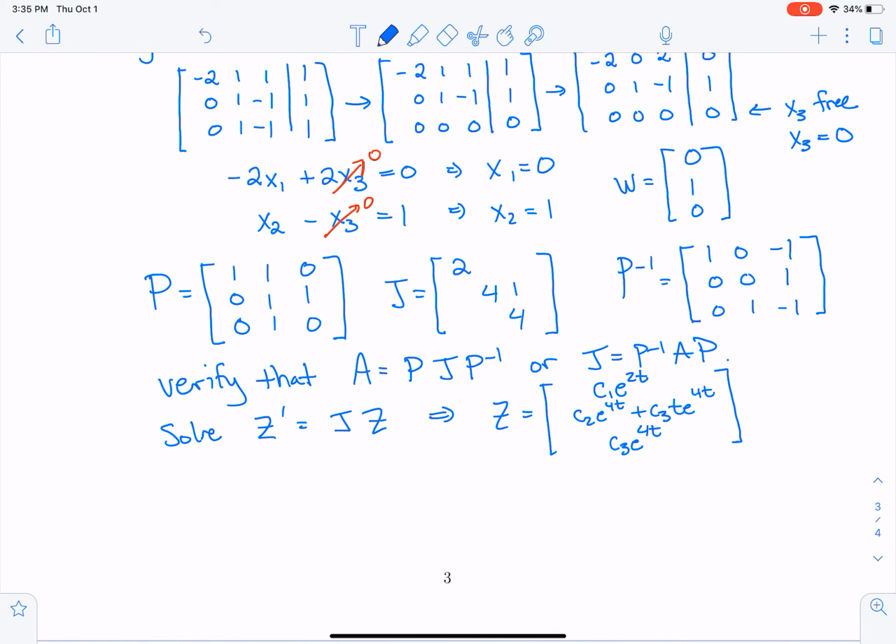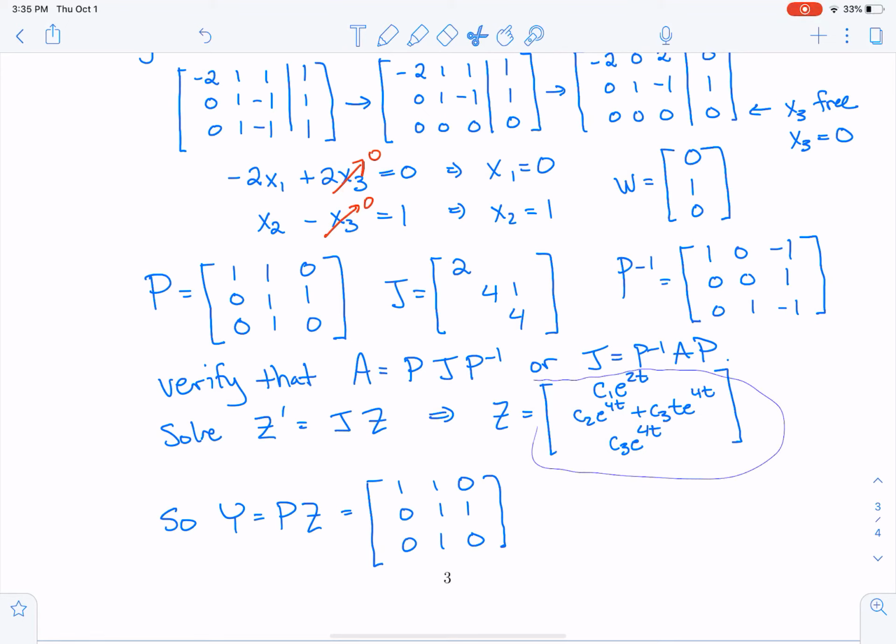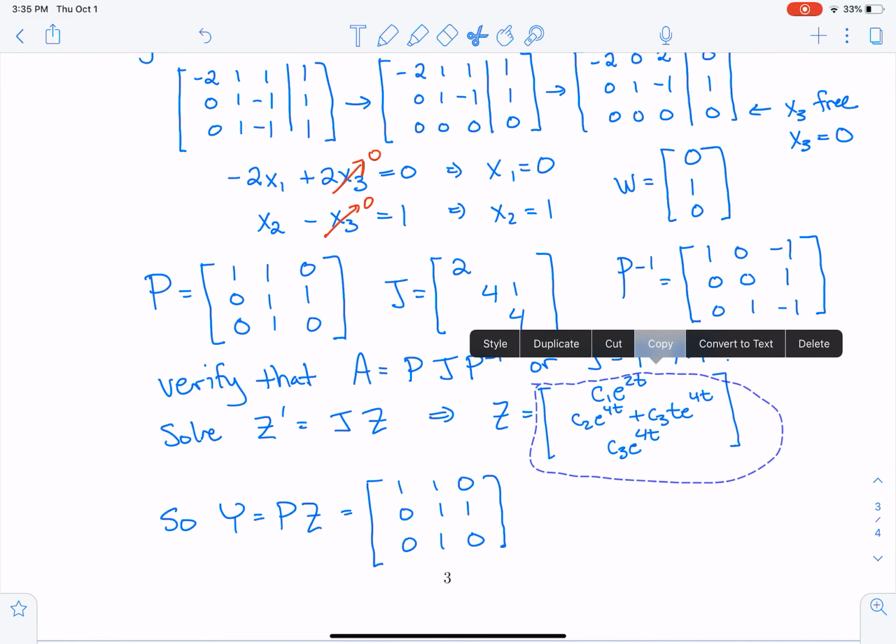And so y is equal to P times Z. So that's equal to the matrix 1, 1, 0, 0, 1, 1, 0, 1, 0 times Z. For convenience, I'm going to copy and paste this.